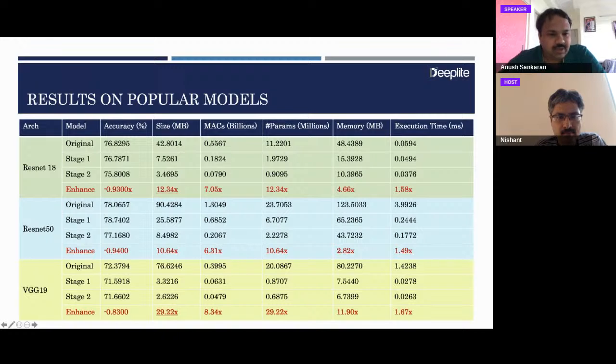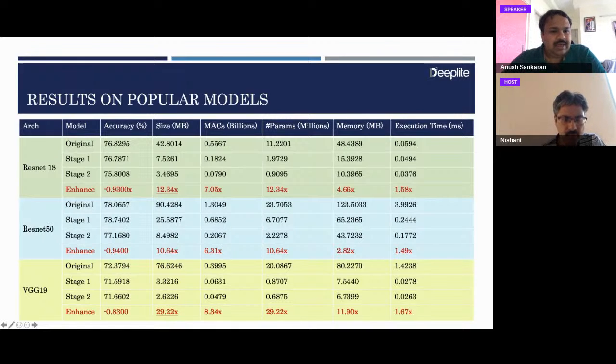Sorry, I hope you can see my cursor. Unfortunately, it's not showing up for some reason, but you could see the first few rows in the table.